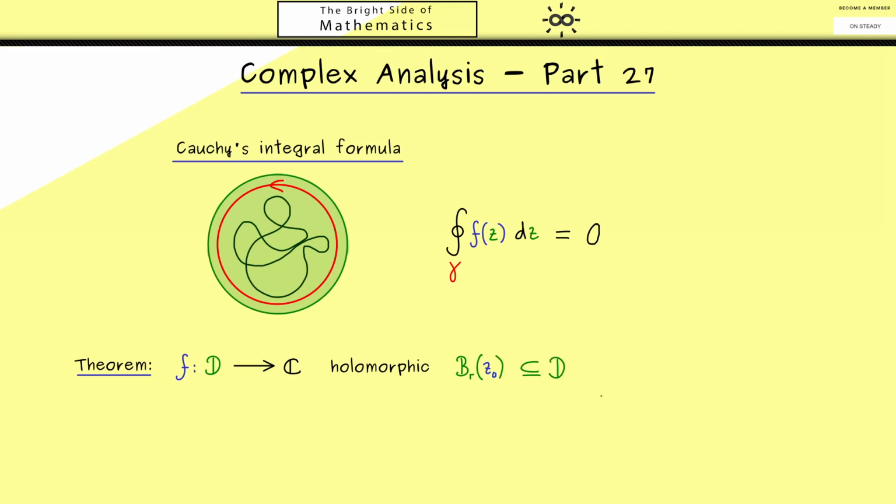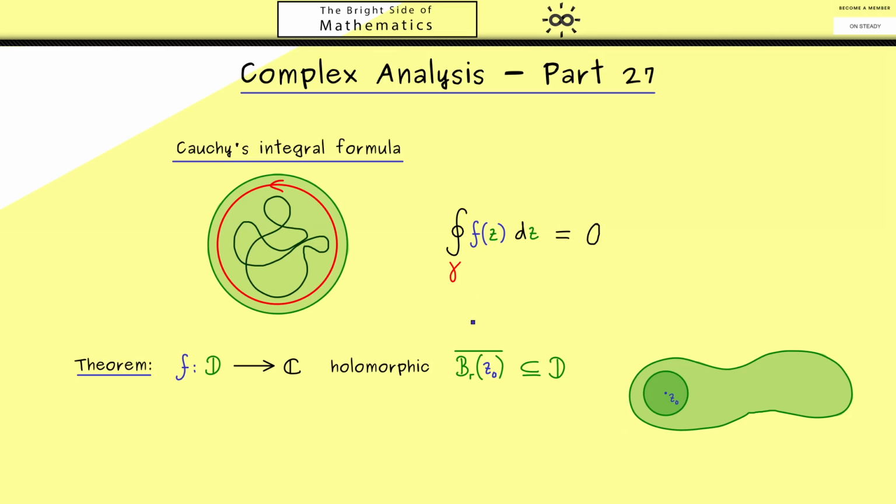Okay, now the disk should be a subset of D, but we also want more. We want that the closure lies in D. This simply means that the circle here lies also in the domain D. In other words, our circle here does not lie on the boundary of D. So you see, this is not a strong requirement, but we need it because we want to talk about circles.